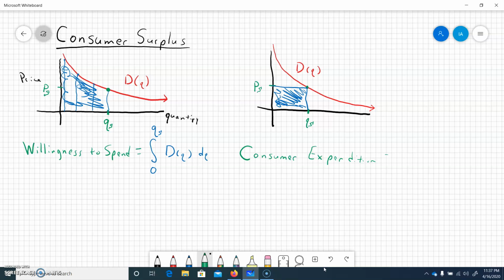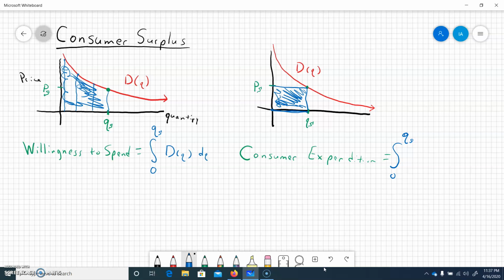So, what is this? How would we calculate this? Well, it runs again from 0 to Q of S. So we're still doing it from this interval, but we're not going all the way up to the demand curve.